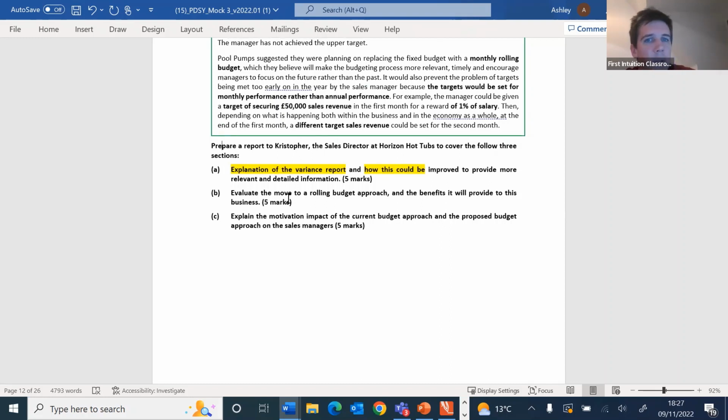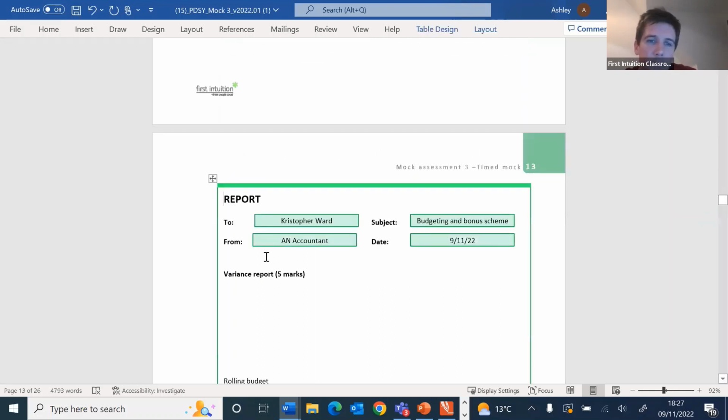Christopher works in sales. He might not therefore know what a variance report is. And so, although we almost take it as read because we've studied this stuff, we need to state the basics. So I would put something like, the variance report is a comparison of the expected activity.